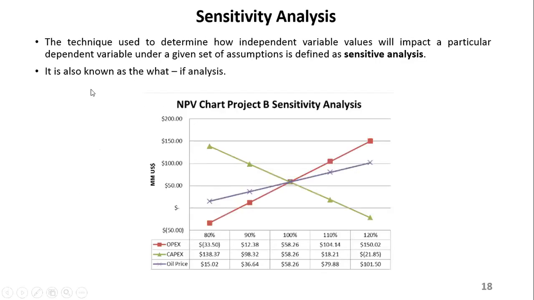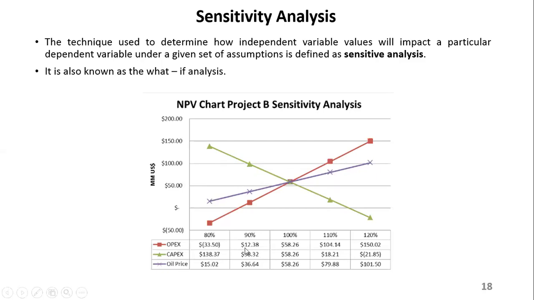Okay, and then the next one is the sensitivity analysis. With sensitivity analysis, all you are doing is analyzing how the project will be affected by a number of variables. Let's say, on this example, what you see here is oil price, capex, opex.